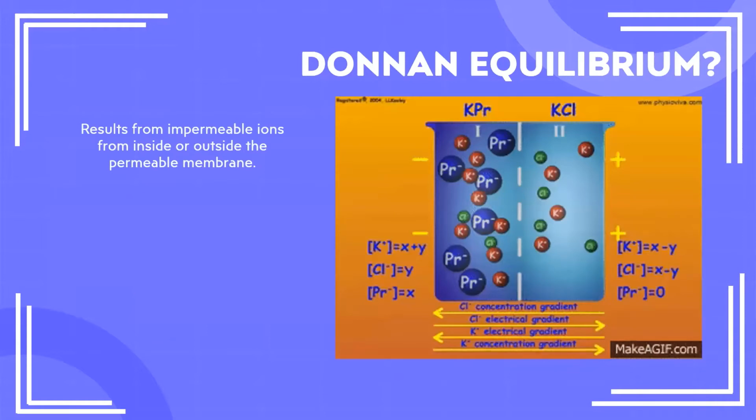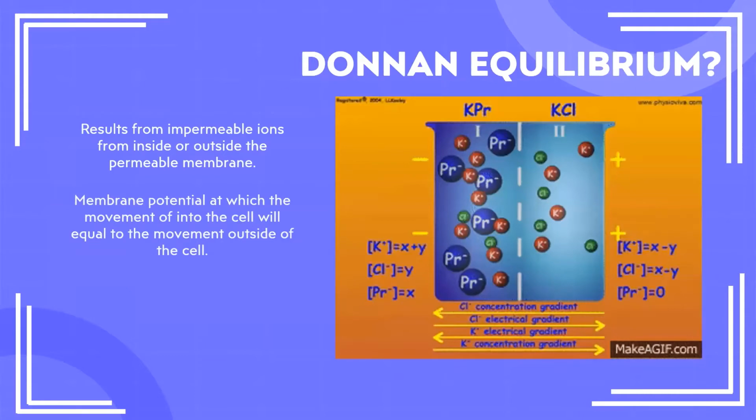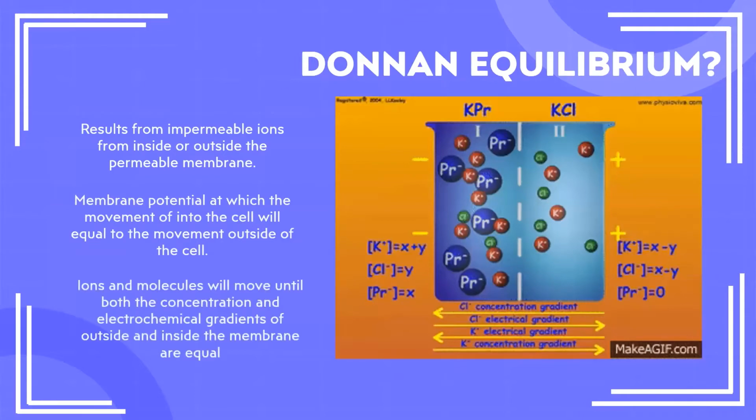It was observed that there is a large concentration of non-diffusible anions within the cell in the form of negatively charged proteins, which creates an electric gradient that prevents or lessens the entry of anions while favoring the entry of cations. While the electrical gradient is operating, the concentration gradient also continues to influence ion diffusion.